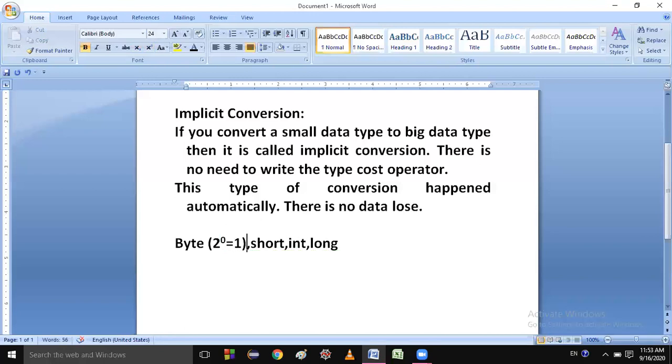Do you know mathematics? Anjana, your answer. If any number has power 0, then what is the answer? This is related to mathematics, not Java. If any variable or any digit has the power 0, then what is the answer?